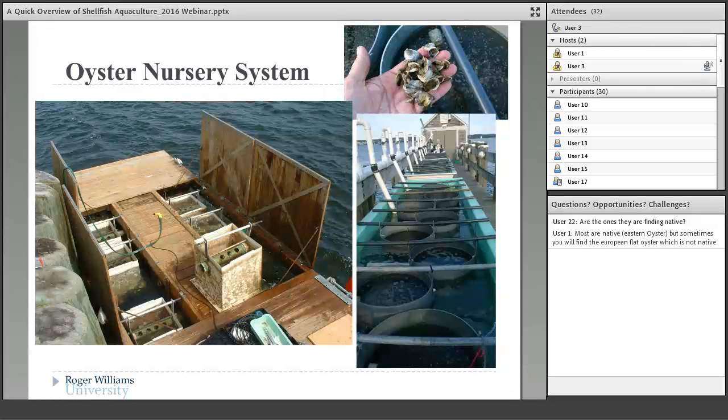On the right-hand side, we can see a land-based upweller, which operates the same way, except it's not in a float, obviously. And you can see these oysters in the hand at the top of the slide represent seed that is getting close to the right size to move out onto the grow-out farm.